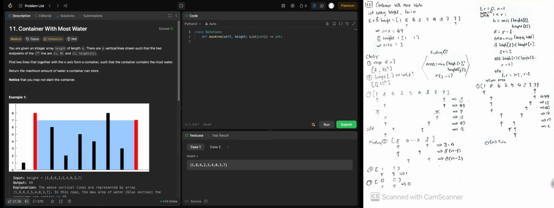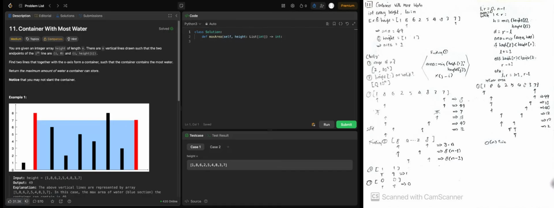Okay, let's read it through. You are given an integer array height of length n.